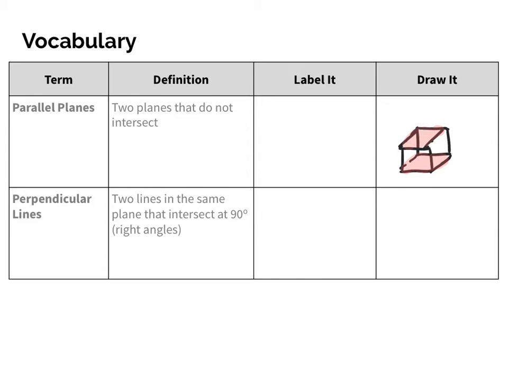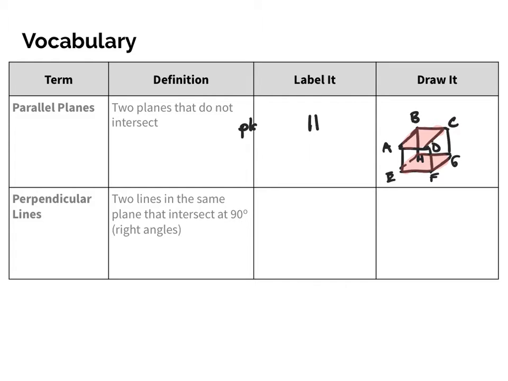Again, anytime you label a plane, it's always based off of at least 3 points. So let's say that I had my top surface, I'll just label A, B, C, D, and my bottom surface, I'll say E, F, G, and then H, that back corner. So what I would say when I'm using parallel is, anytime I use parallel, I'm going to use the vertical bars like I showed before.